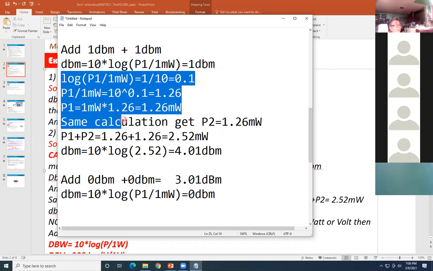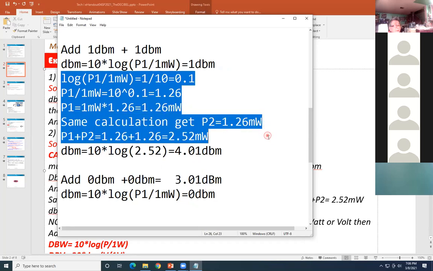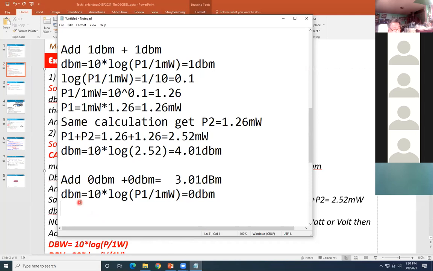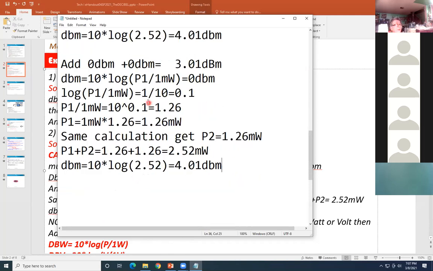I copy that one. And let's see, we just change a little thing here. Okay, 10 log is 0 dBm, and that will be 0. Equal 0.